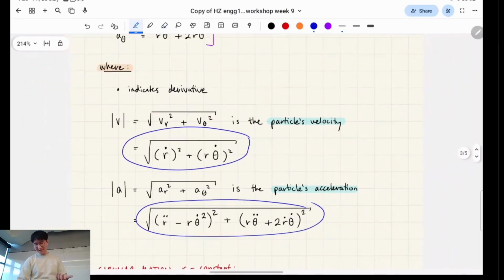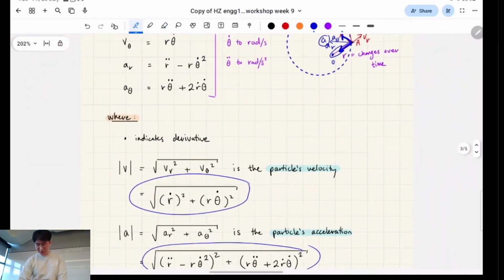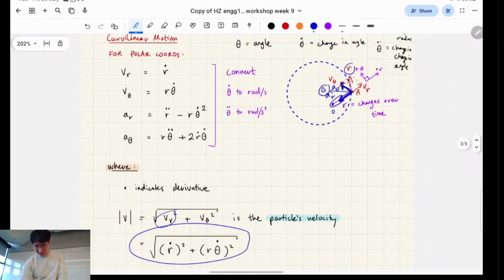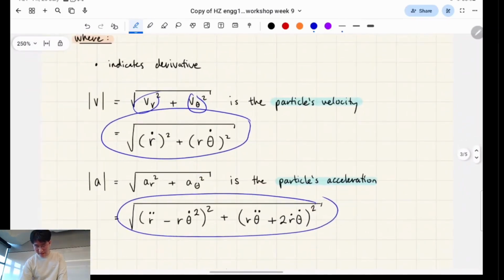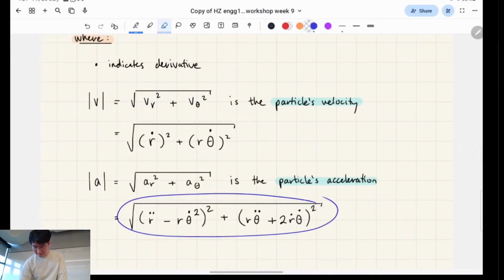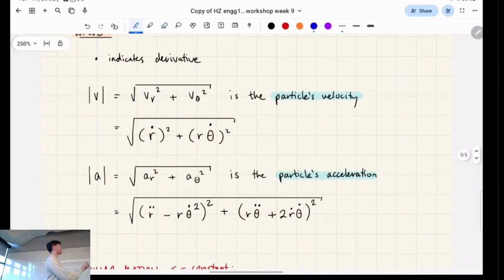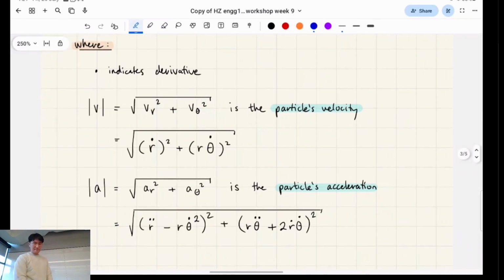I guess you can write it if you want to do it all in one step, but I generally calculate these first in one line, get it as a number, and then plug it in. It's just Pythagoras theorem for both of those components. You can copy this down if you like. I guess you can call this the particle's net velocity and net acceleration.